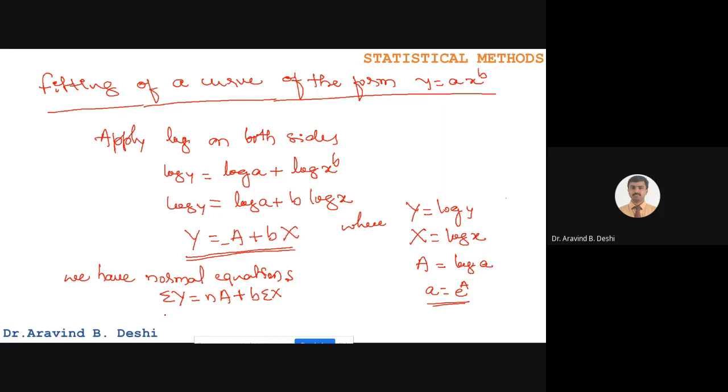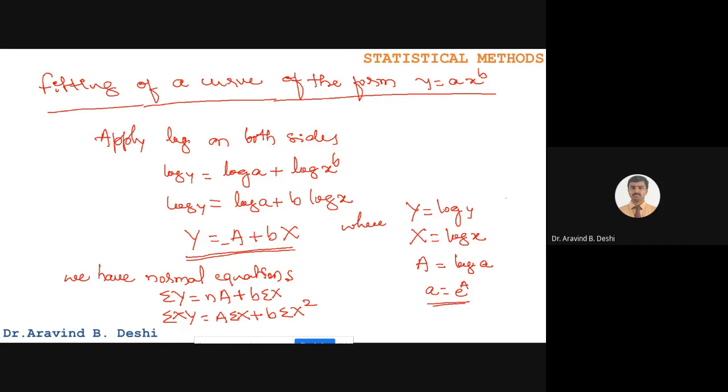So multiply X on both sides and take the summation: summation capital XY equals A into summation of capital X plus b into summation of capital X square.